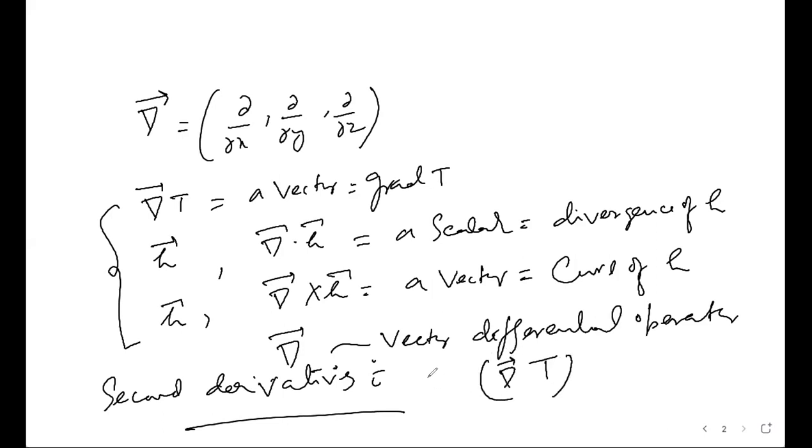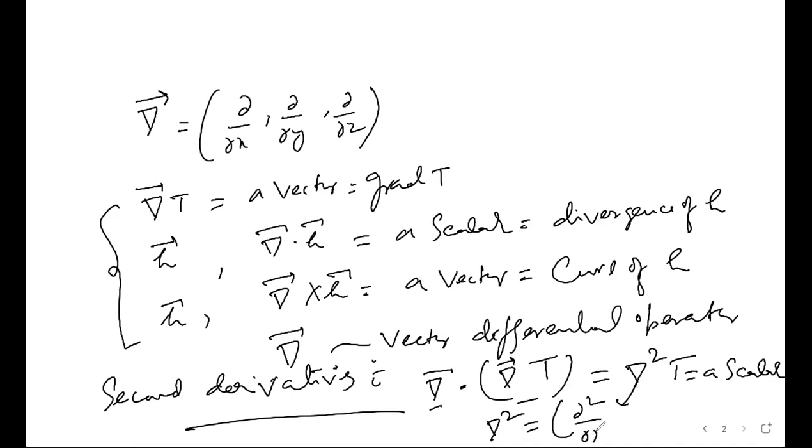And then you can again do something like this. You can take a dot product of this and this, but what will this be, you have seen, right? This generates a scalar.